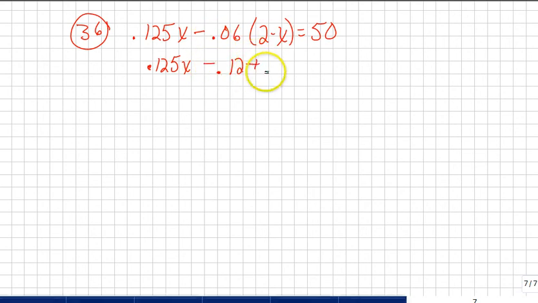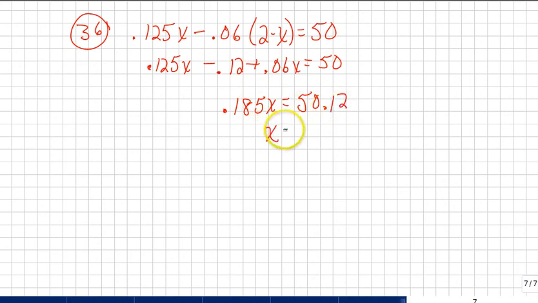Make sure you watch your signs. 0.06x equals 50. Combine your x's together, and we get 0.185x. And add the 0.12 to the right side, and we get 50.12. And then take your calculator, divide both sides by 0.185, and you should get 270.92.